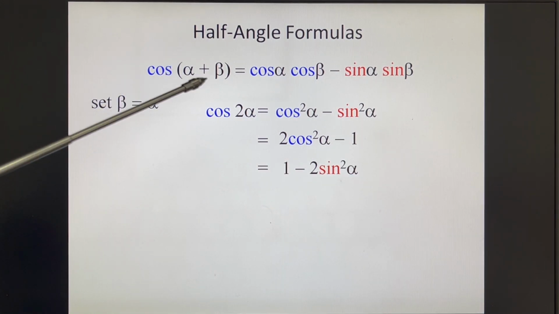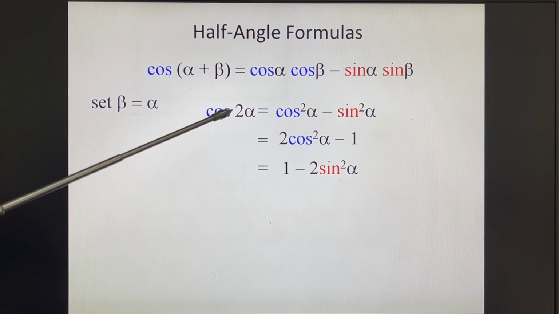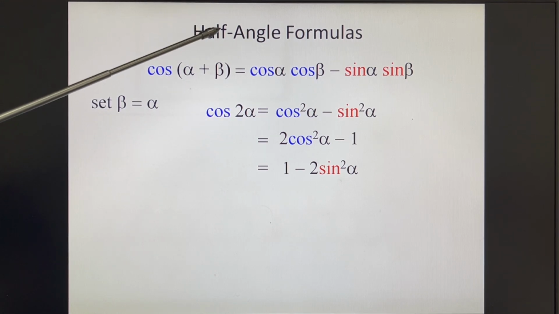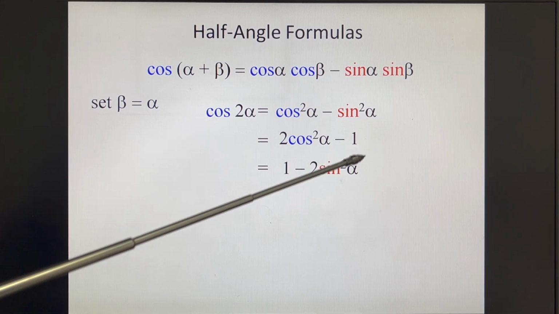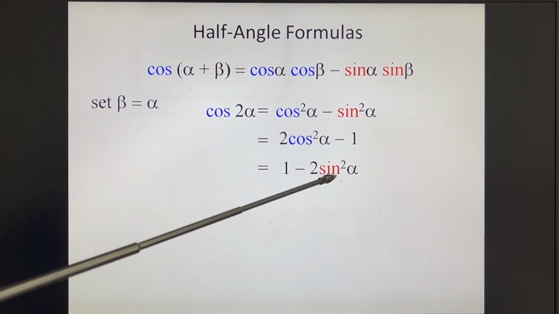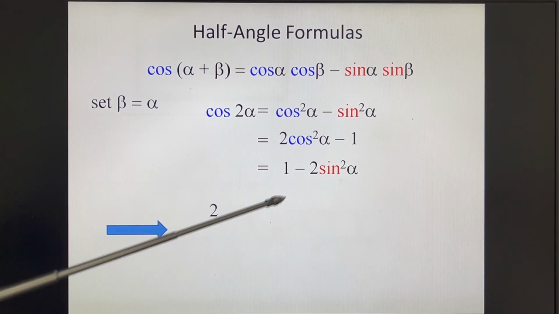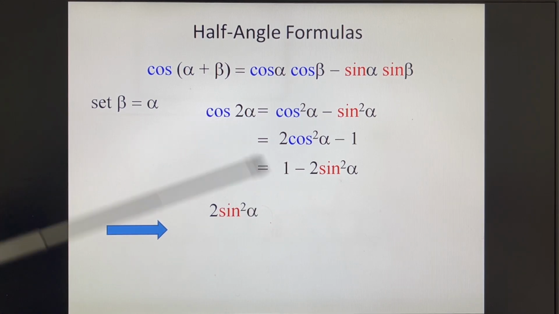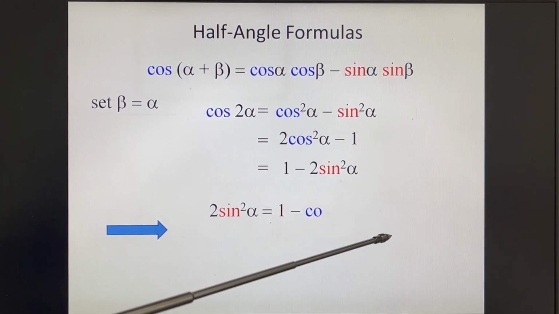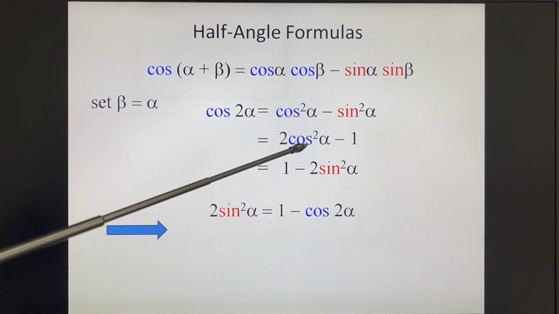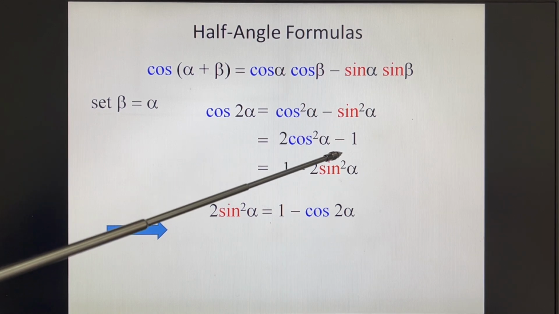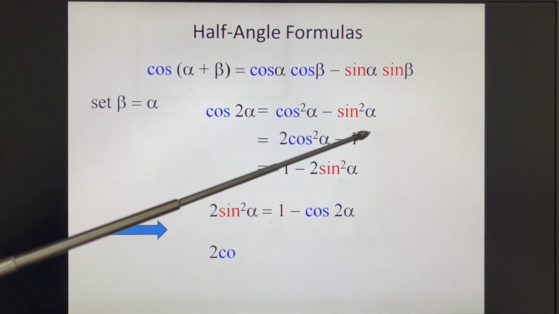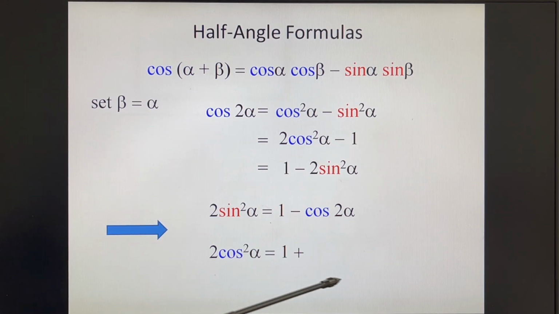Now, this is a double angle. We want to find a half angle. What we do, we rewrite this formula. 2 sine squared alpha equals 1 minus cosine 2 alpha. 2 cosine squared alpha equals 1 plus cosine 2 alpha.